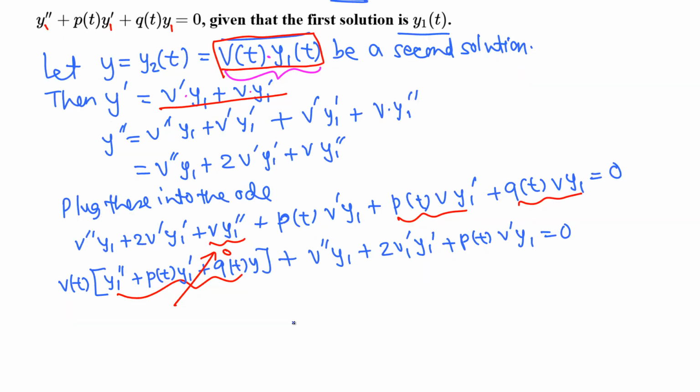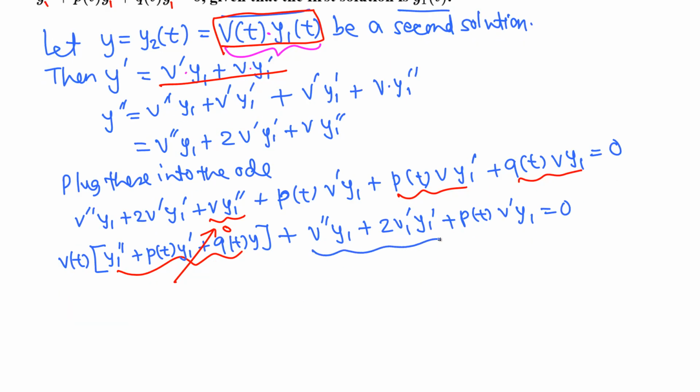So let's go down here. From these three terms, this is just v prime, coming from here. From the last two we can factor v prime out.